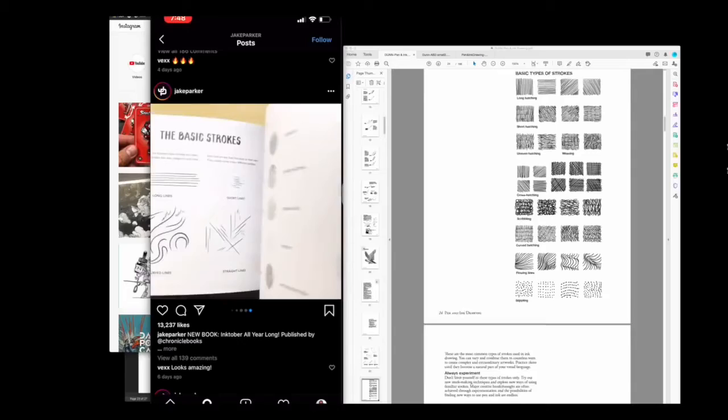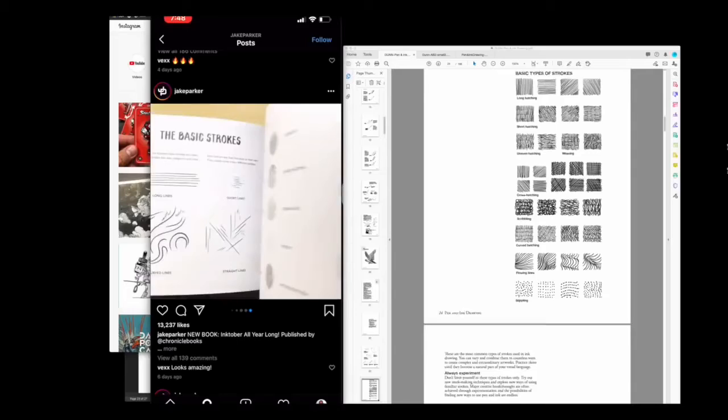Dunn gives you square swatches with the pattern offset by like 45-degree angles, so you can see how it could be drawn across the grain at 45 degrees, 90 degrees. So the page layout doesn't match.